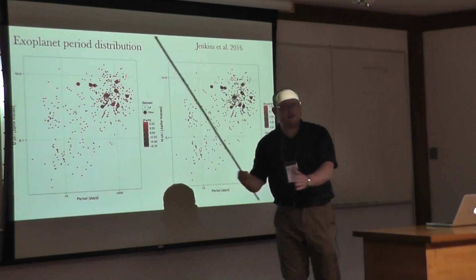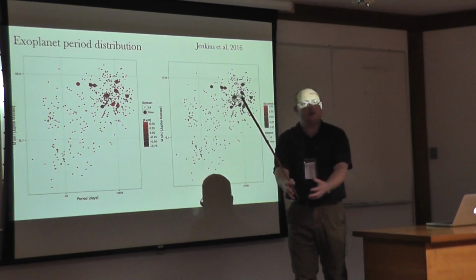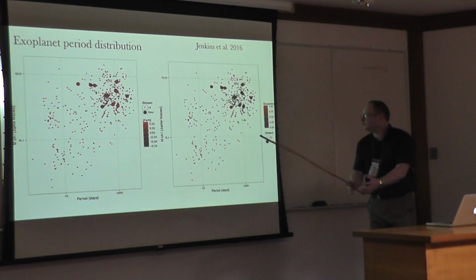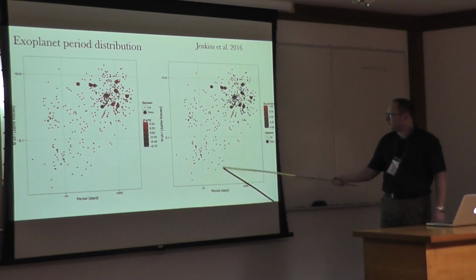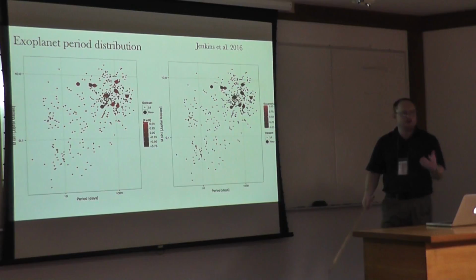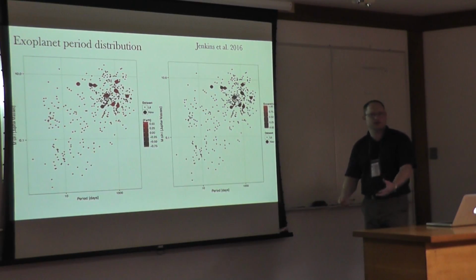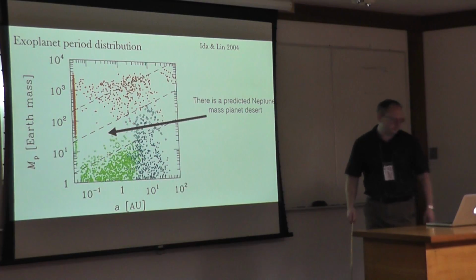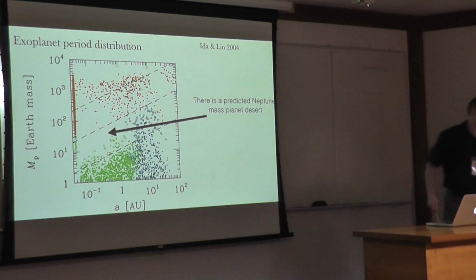They're all just sitting there really close to the star, really small. And so they're nice and dynamically stable on nice circular orbits. And we may be seeing a bit of a bias because it's small stars. That's what the small star population starts to look like, at least for small planets, anyway.